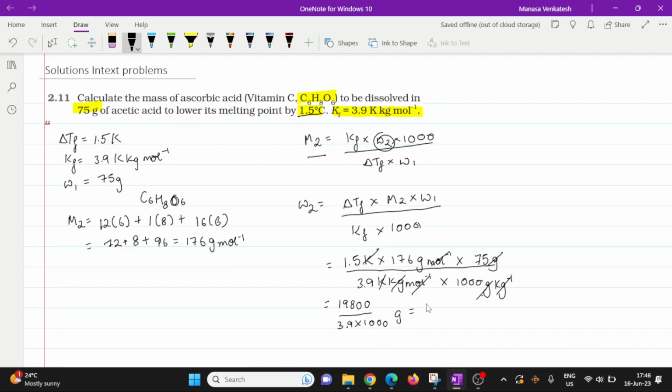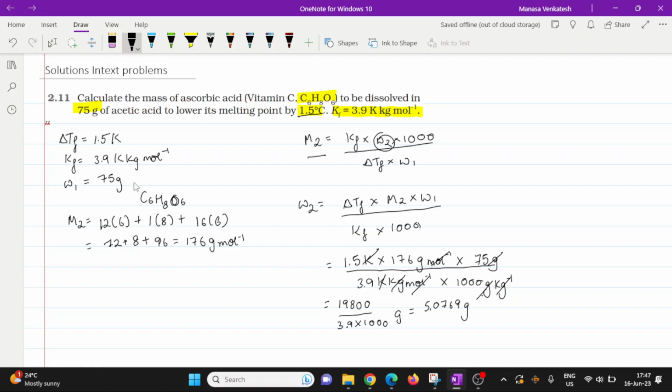And this on further simplification gives us 5.0769 grams. So essentially 5.0769 grams of ascorbic acid needs to be added to 75 grams of acetic acid to lower the melting point of acetic acid by 1.5 degrees Celsius or 1.5 Kelvin. Again, I'm just assuming that that's the case. If you have a justification for that, let me know and we can talk about it.